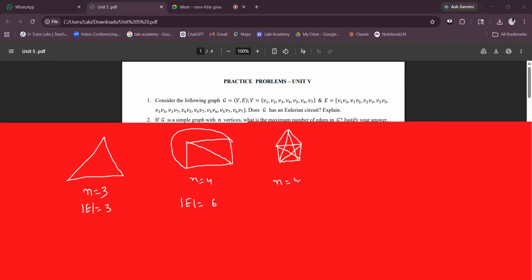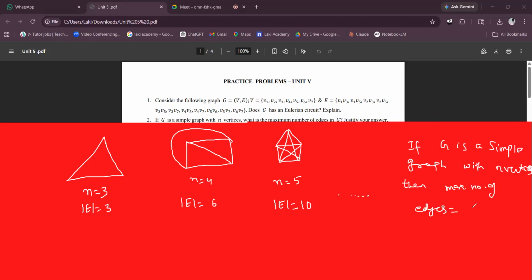So when n is equal to 5, the number of edges will be 10, and so on. So if G is a simple graph with n vertices, then the maximum number of edges is equal to n(n minus 1)/2.